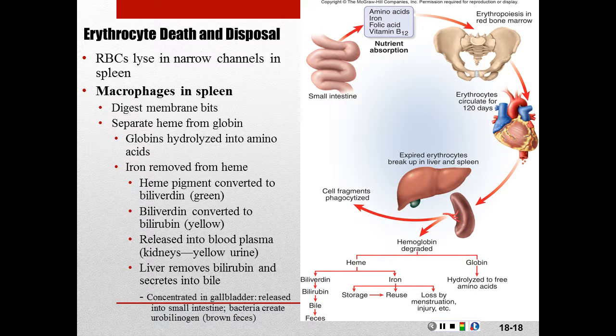Another pigment, urochrome, produces the yellow color of urine. A high level of bilirubin in the blood causes jaundice, which can be a sign of liver disease, rapid hemolysis, or bile duct obstruction.